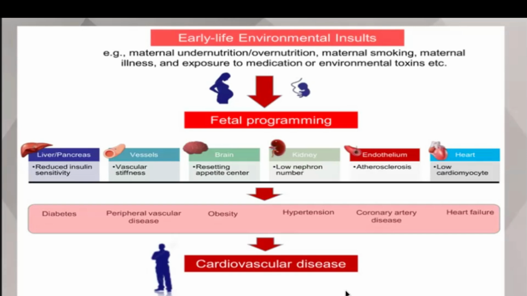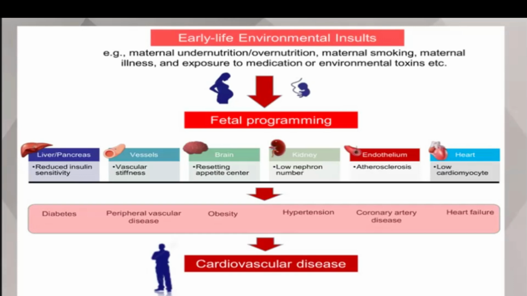So some of these early insults could be like maternal overnutrition. Some pregnant women who are obese or who are overeating during pregnancy can impact fetal programming. And of course, we have insults like maternal smoking, and this can impact the genetics and the epigenetics of the fetus.